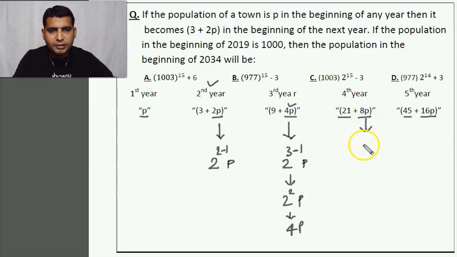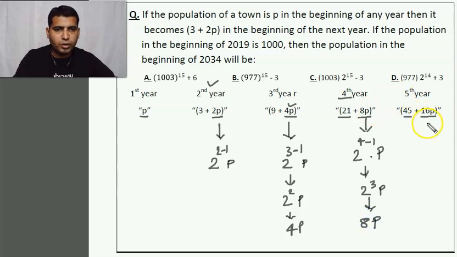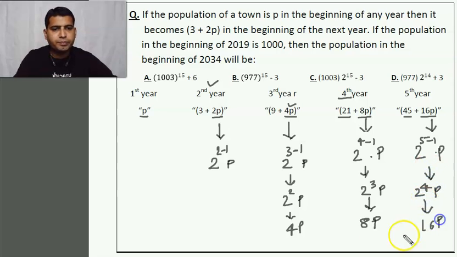Here, this is the beginning of the fourth year, so I can write 2 to the power 4 minus 1 into p, which is equal to 2 to the power 3 p, which in turn is equal to 2 cube, means 8p. Okay, let's check it here also. This is the population at the beginning of the fifth year, so I can write 2 to the power 5 minus 1 into p, which is equal to 2 to the power 4 p, which is equal to 16p.